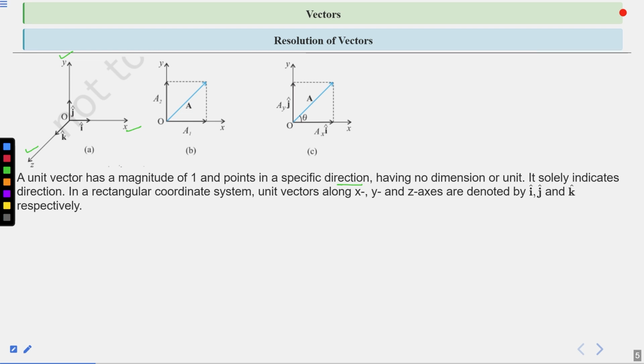It solely indicates direction. In a rectangular coordinate system, unit vectors along the x-axis, y-axis and z-axis are denoted by i cap, j cap and k cap respectively. It means i cap is along the x-axis, j cap along the y-axis and k cap along the z-axis.